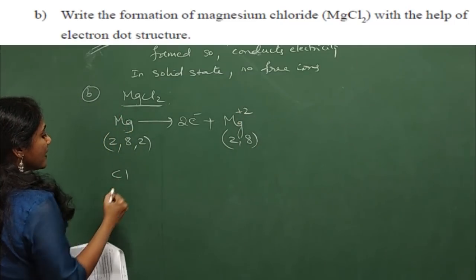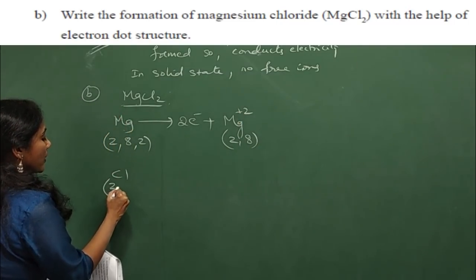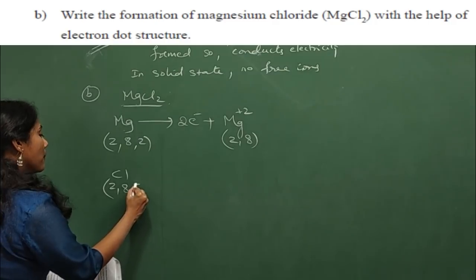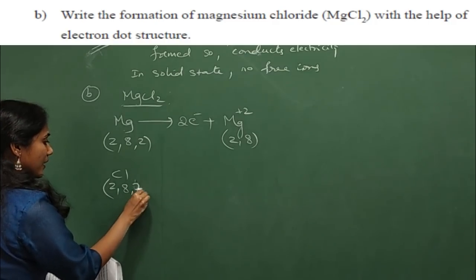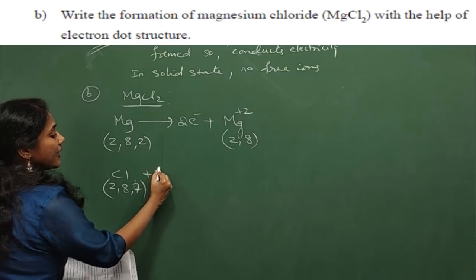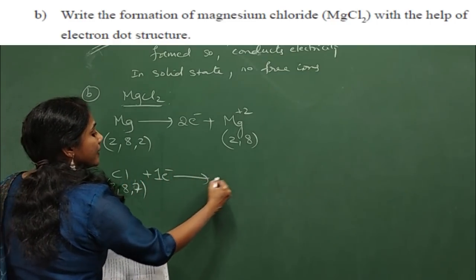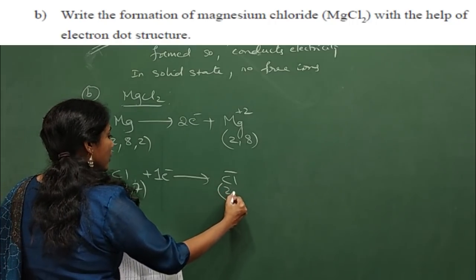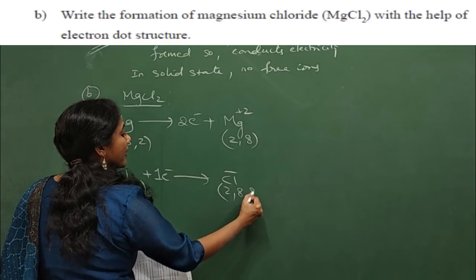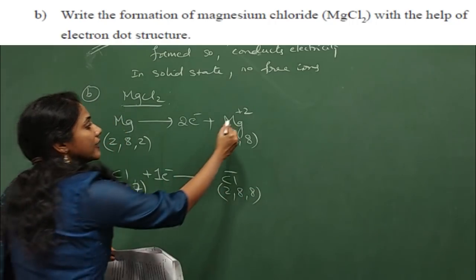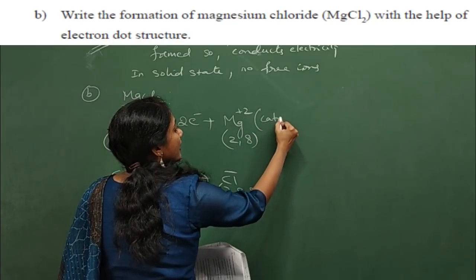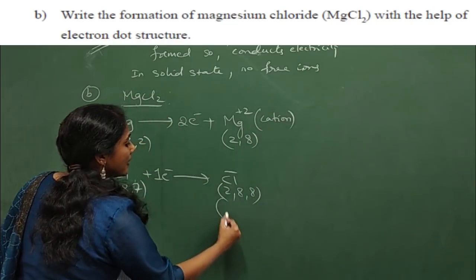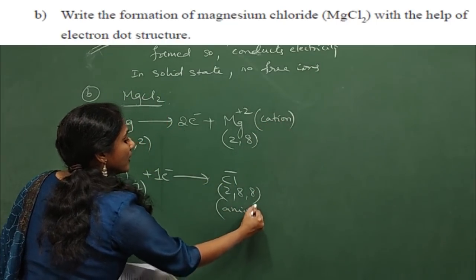And now you have Cl, which has electronic configuration 2, 8, 7, right? So this Cl gains 1 electron and gets converted into Cl minus, which has electronic configuration 2, 8, 8, more stable. So this Mg plus 2 is called a cation. This Cl minus is called an anion, isn't it?